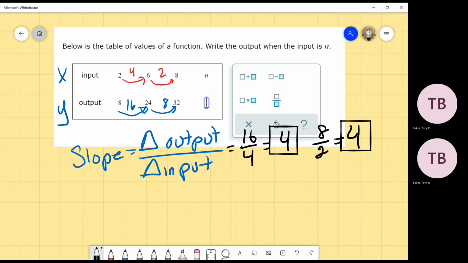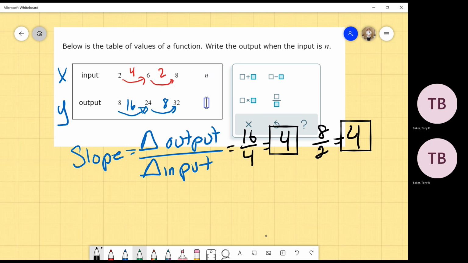Step 2. We have to see if anything else is added or subtracted from it. This one's easy. We just try. What's 2 times 4? 8. What's 6 times 4? 24, and 8 times 4 is 32, right?